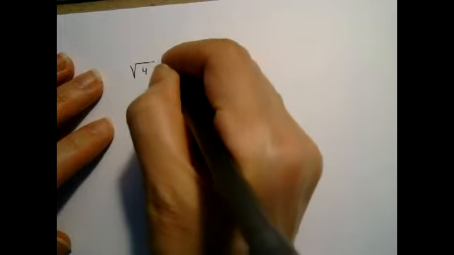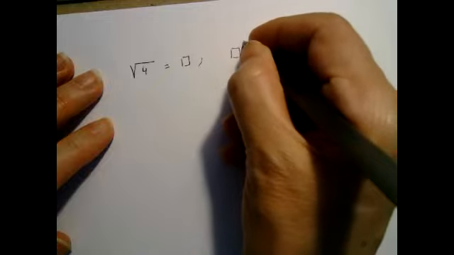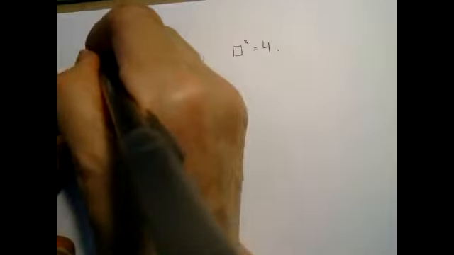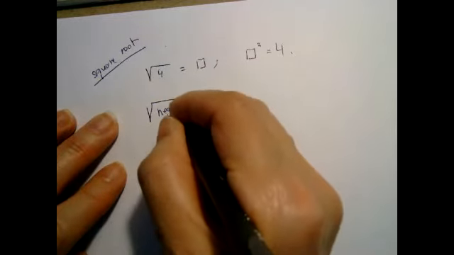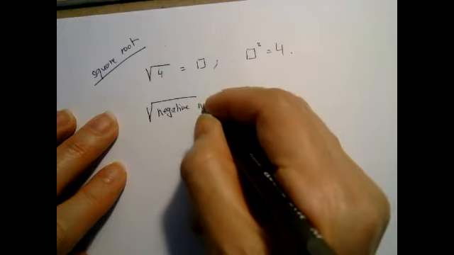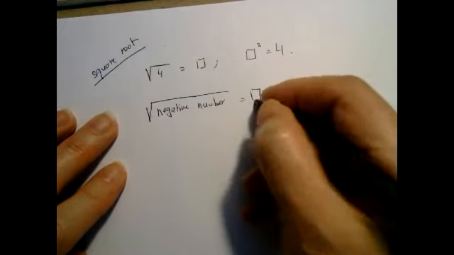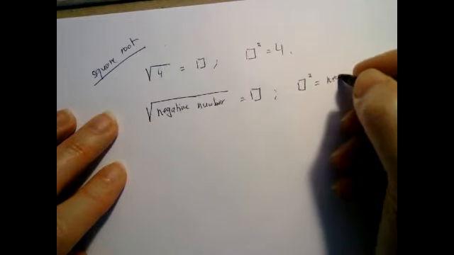When you find the square root of a number, like the square root of 4, what is it? It's a number such that when you square it, you get 4. Okay, square root. So the square root of a negative number should be something such that when you square it, you get a negative number.